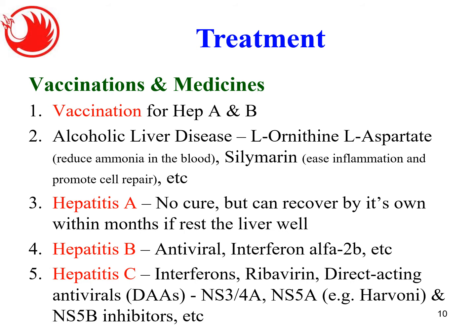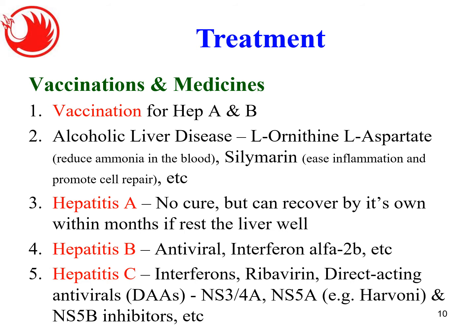For example, for alcoholic liver disease, there is L-ornithine L-aspartate that will help to reduce ammonia in the blood. High ammonia level in the blood can lead to serious health problems, including brain damage, coma, and so on.